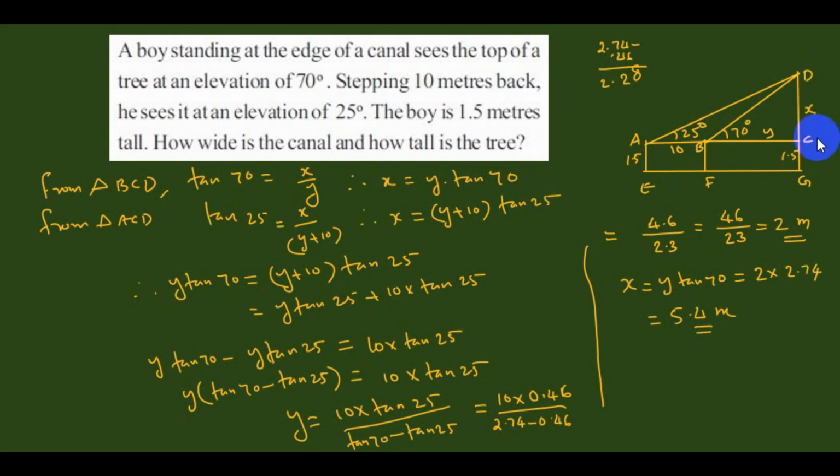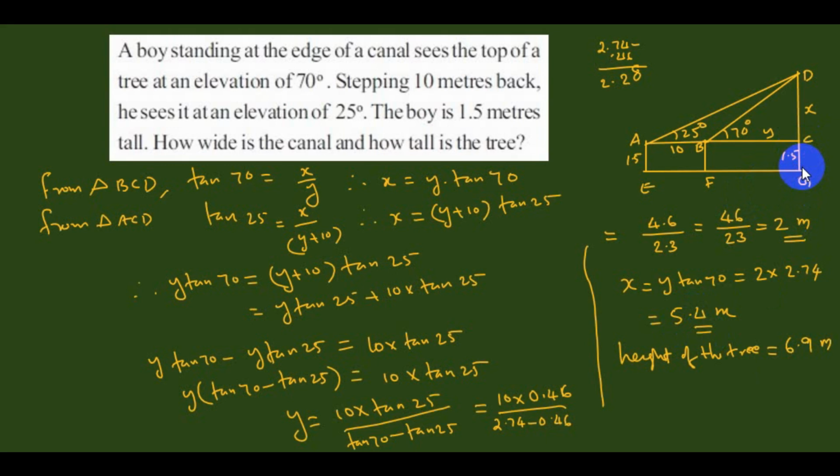Let us write height of the tree is equal to, what about height of the tree? This 5.4 plus this 1.5, it will be 6.9. 6.9 is the height of the tree.